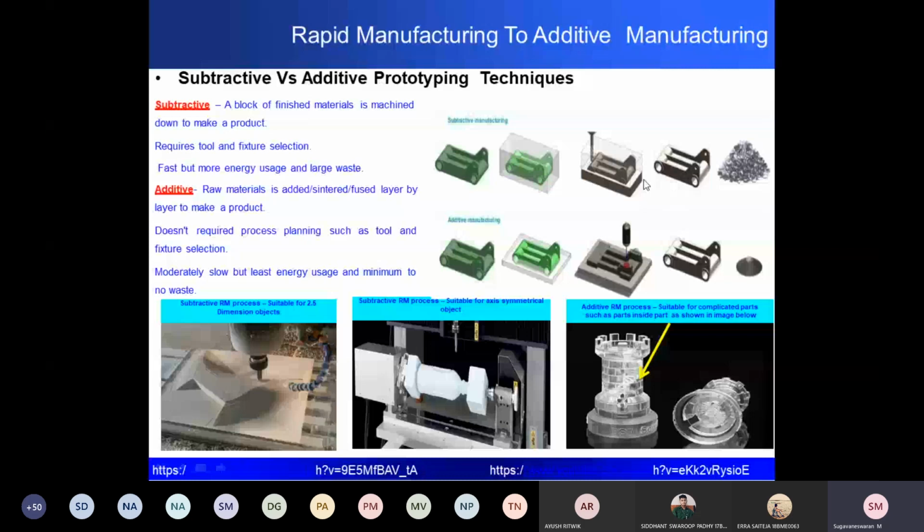But in the additive process, since you are adding material layer by layer, wherever you require some intricate shape, like how we have an egg, internally we have one part and externally a yolk, right? That can be done only by a natural process. Internally and externally, you are creating features. So it is also an example of an undercut feature. Such a complex undercut and internal feature is not feasible otherwise. So that is a very important application of the additive manufacturing process.